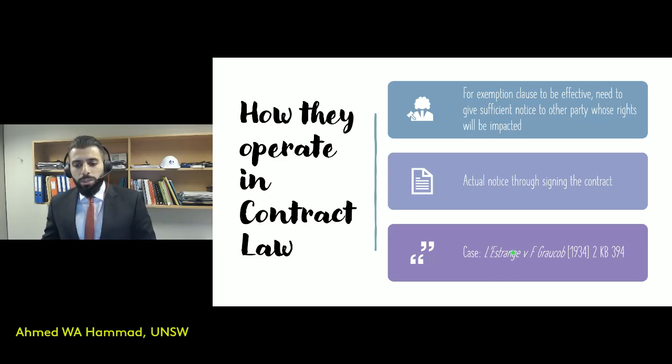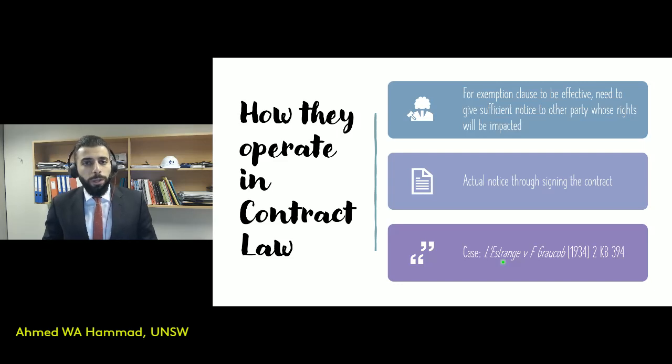Now, this case that you see in front of you is an old English case, and it's authority for the fact that if you have an exclusion term in a signed contract, so if you do sign the contract and that exclusion clause is included in the contract, then you are assumed to have already accepted that term once you sign it.